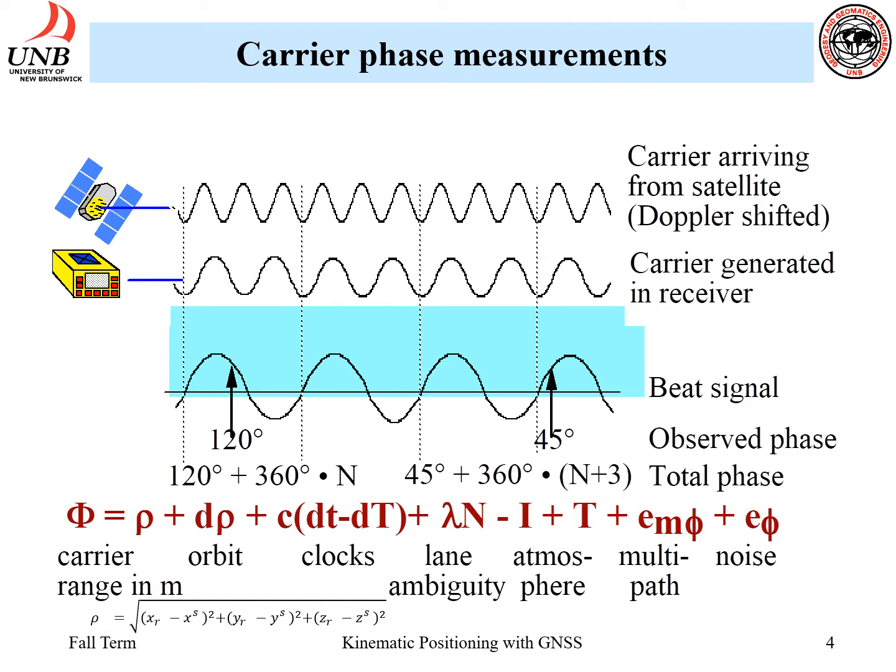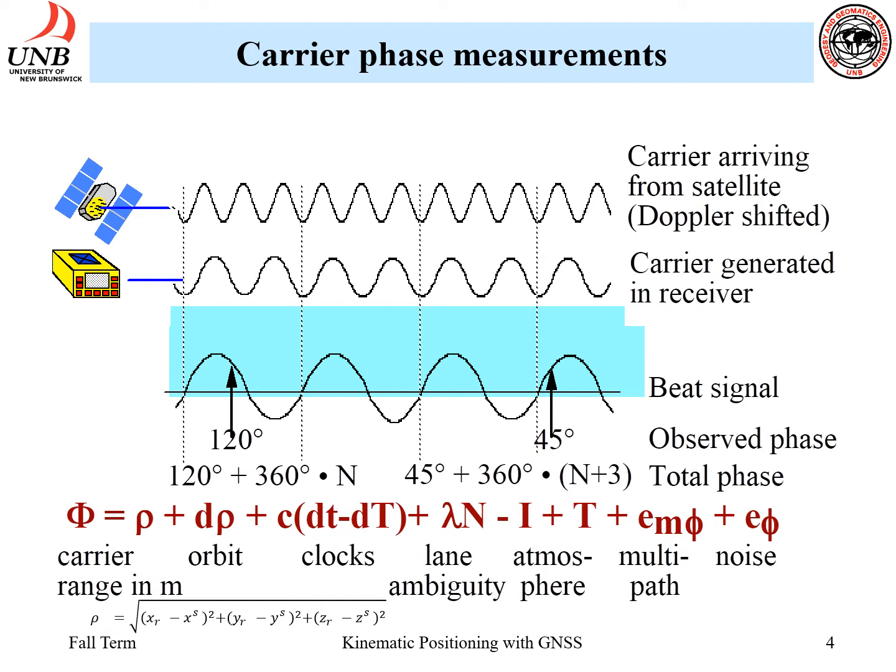The carrier phase measurement equation has all the same terms as the pseudorange measurement equation with two differences. The first one is the ionosphere, which has a negative sign. The ionospheric delay has a negative sign. And there is a new term, N, which is the lane ambiguity, or simply known as ambiguity, which is multiplied by lambda, the wavelength, in order to express it in units of length.